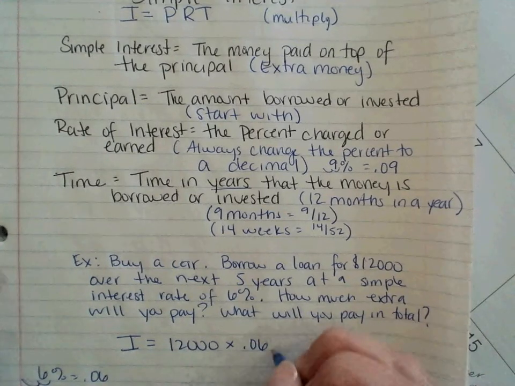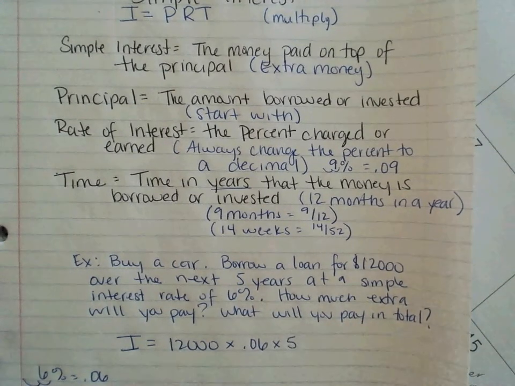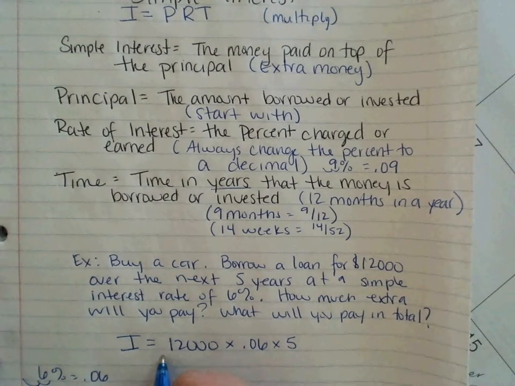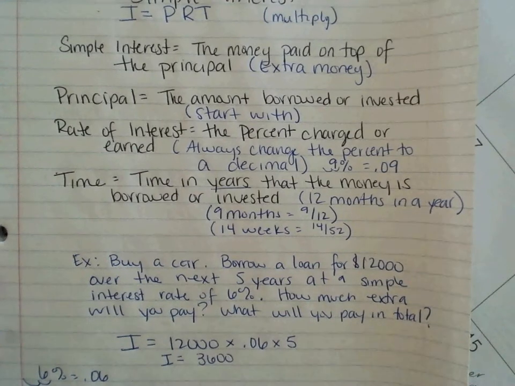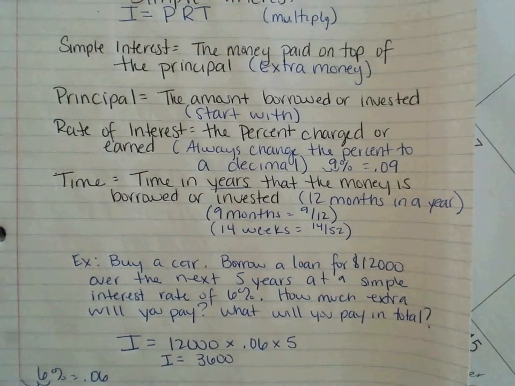And I want to do this for 5 years, so I'm going to times that by 5. I'm going to multiply all 3 of these numbers together, and I get my simple interest equals 3,600.